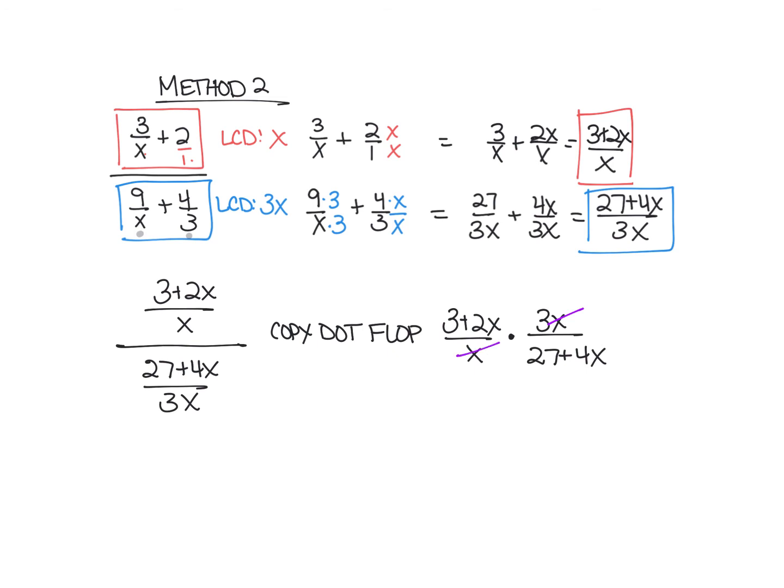They're attached by multiplication, so they can cancel. And so what I'm left with, once those go away, is 3 times 3 plus 2x over 27 plus 4x. If I multiply the numerator through, we would get 9 plus 6x over 27 plus 4x.